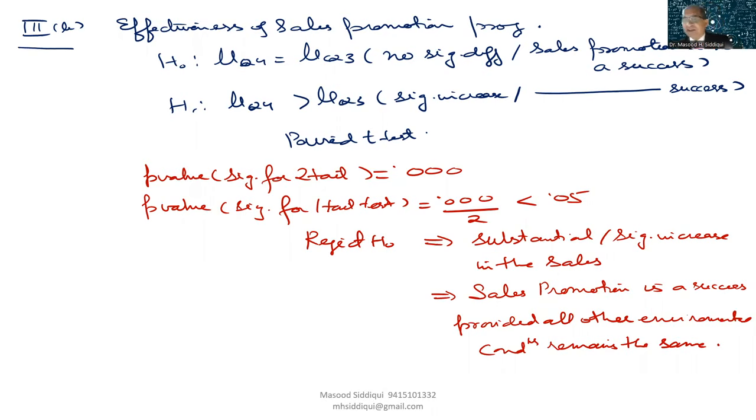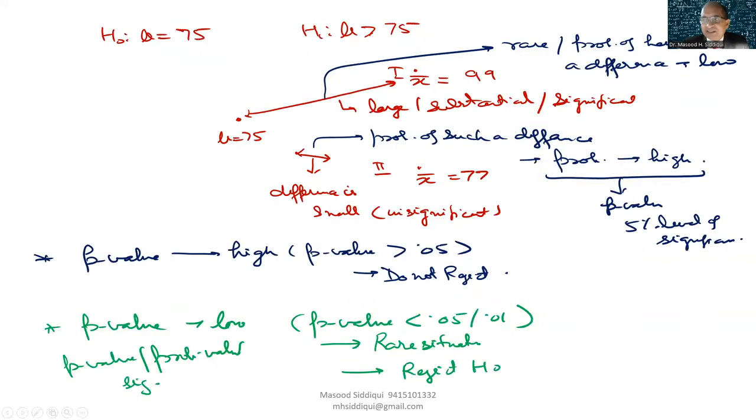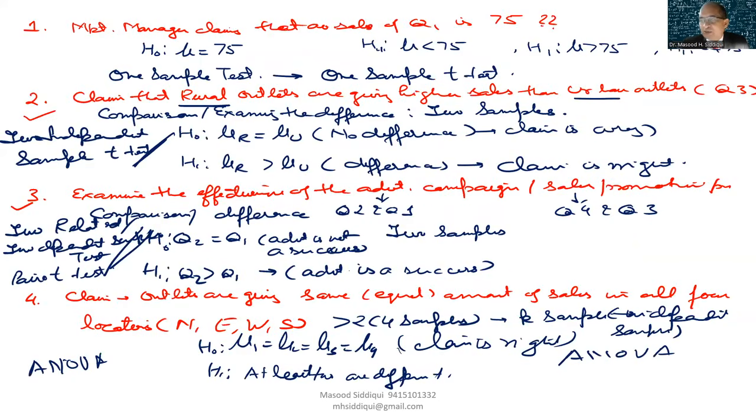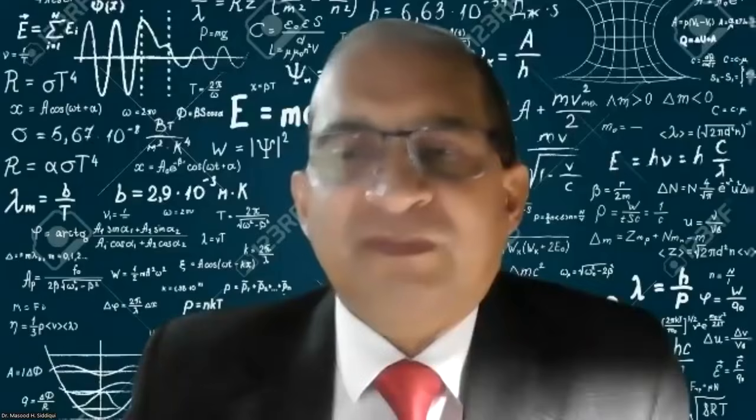So, whenever you have to apply the test, you have to check, you have to decide whether you should use the independent sample t-test or the dependent sample t-test or the paired t-test. Then only we can move forward, right? So these are the two tests. Remember the last case that we discussed where we require more than two samples, that comes under analysis of variance. We will be discussing it later on.